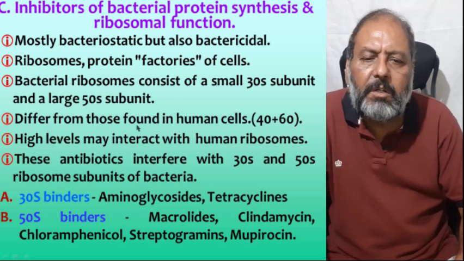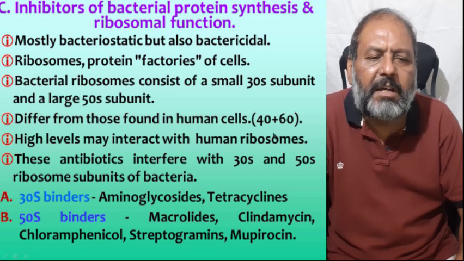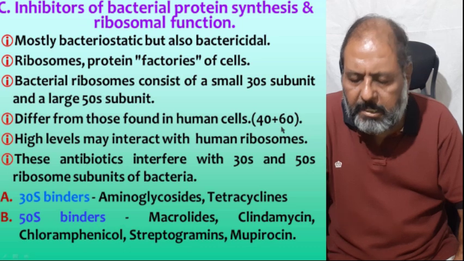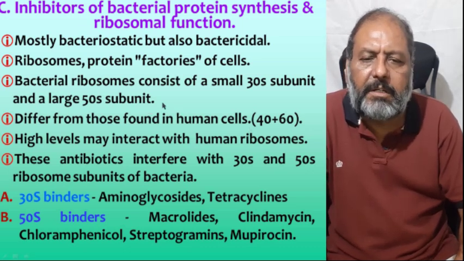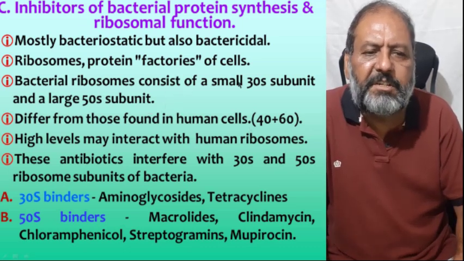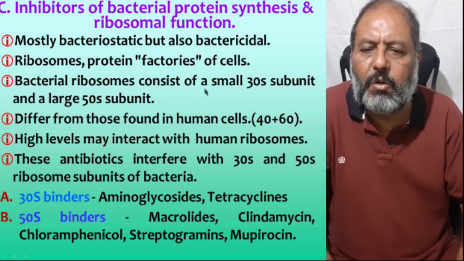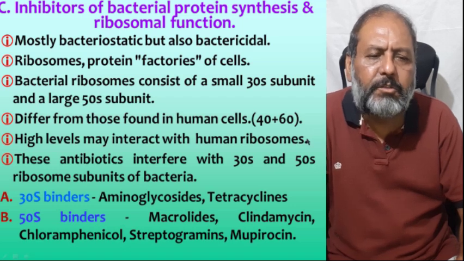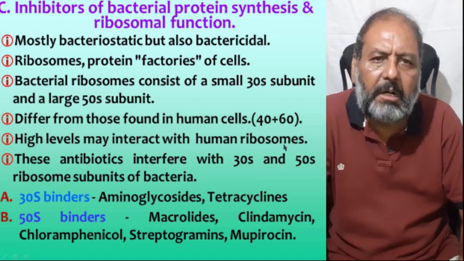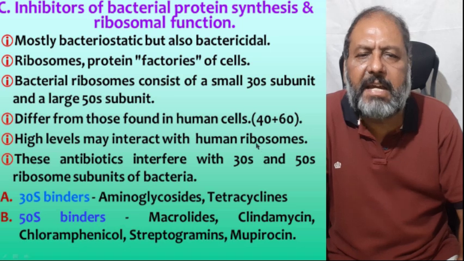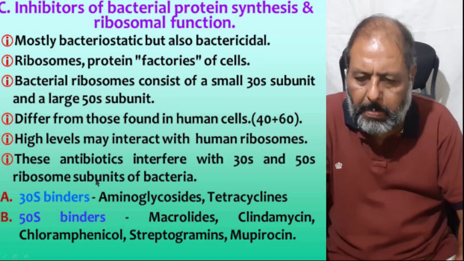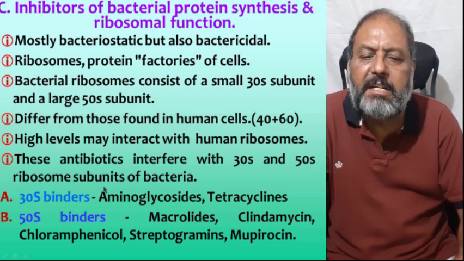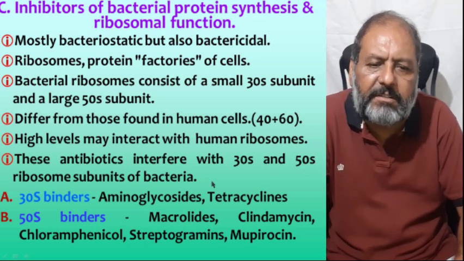They differ from those found in human cells, which are 40S and 60S, collectively called the 80S ribosome. The antibiotics act on the bacterial ribosomes, which are 70S ribosomes. High levels may interfere with the human ribosomes also; if a larger quantity of the antibiotic is given, it can act on the human ribosomes. These antibiotics sometimes interfere separately with the 30S and 50S subunits of the bacteria.